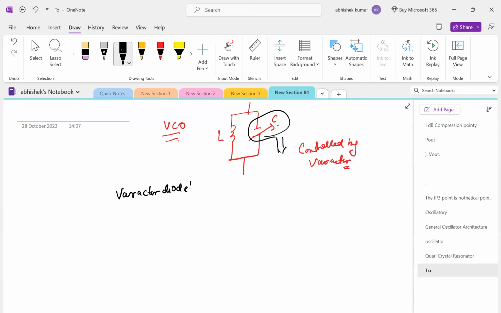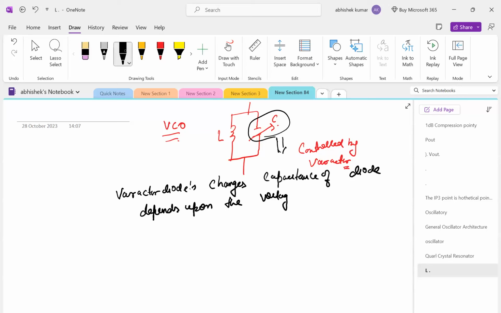It changes the capacitance, and so the frequency, depending upon the voltage applied. Okay, this is your varactor diode, VCO.